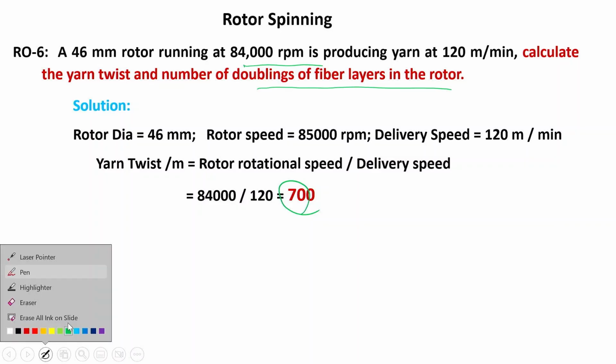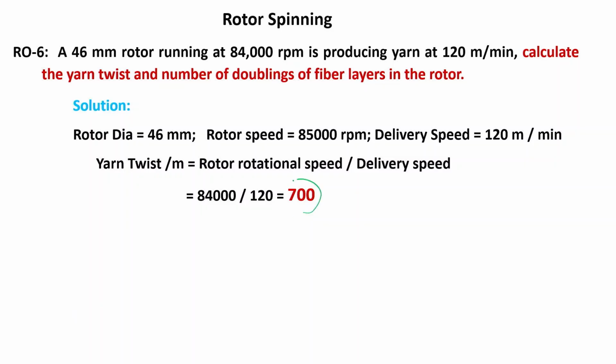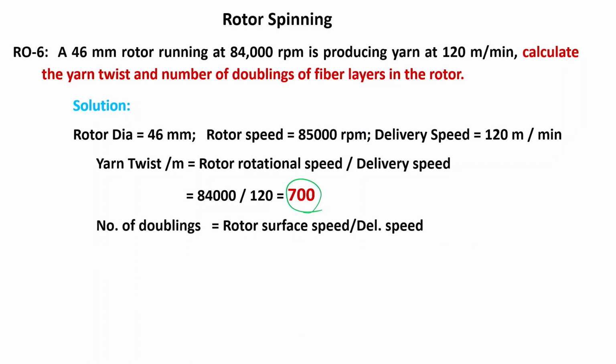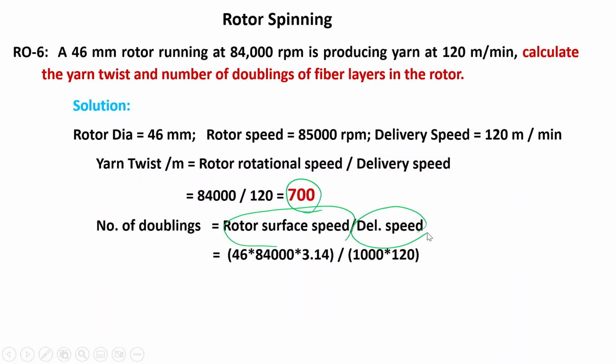700 twist per meter is the rotor twist, and number of back doubling is rotor circumference speed divided by delivery speed. So, what is rotor circumference speed? So, pi rotor diameter multiplied by rotor RPM divided by the delivery speed.